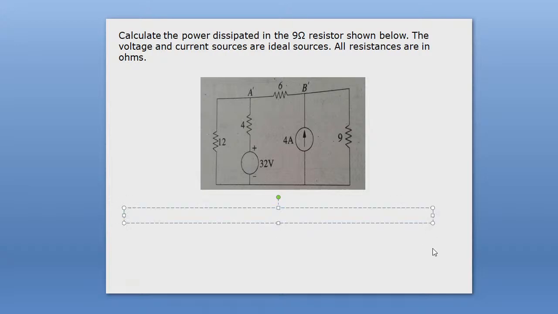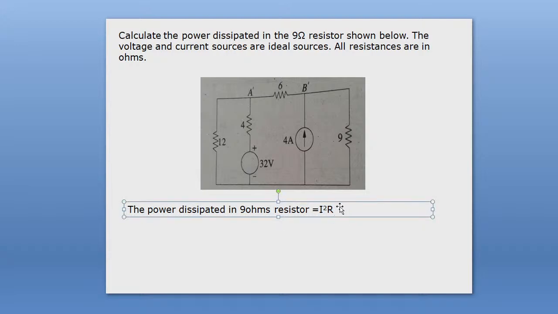Okay, so let me write here: the power dissipated in the 9 ohm resistor is equal to I square R. So we will calculate the I square for this circuit, and R we know, R equal to 9 ohm.